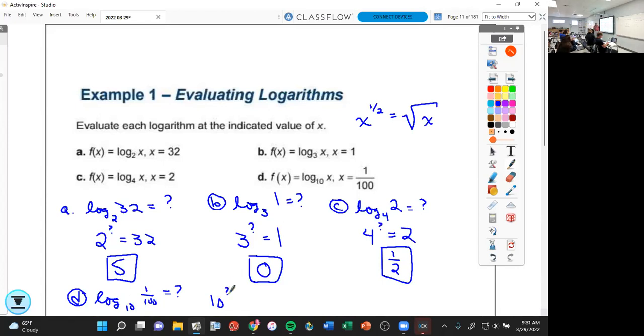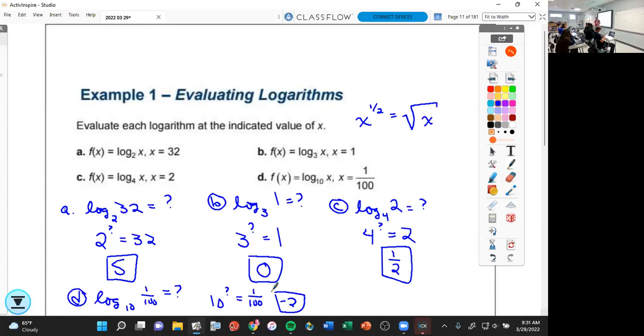We're looking for the exponent, right? 10 to what power is a very small number? -2. Remember, negatives are reciprocals, right? So as soon as we put the negative there, 10 to the -1 becomes 1/10. But I don't want 1/10. I need that 10 to be squared. So that's why it's -2.